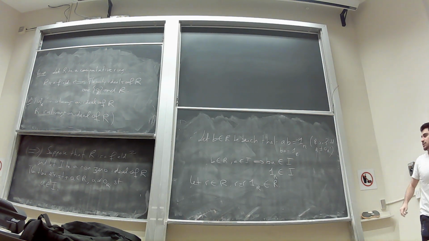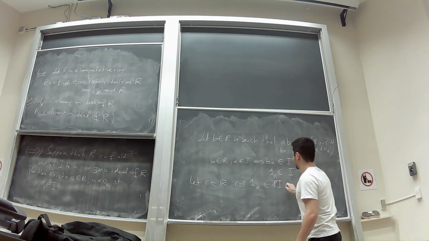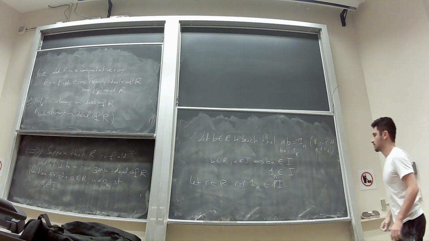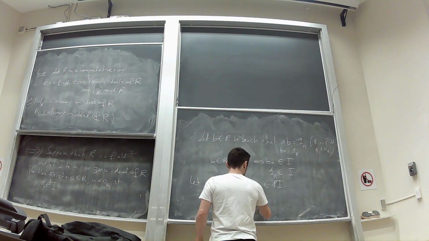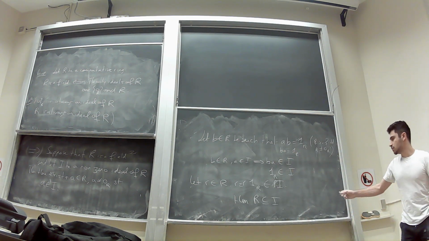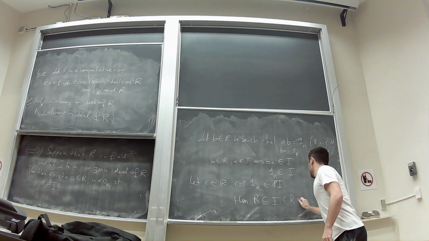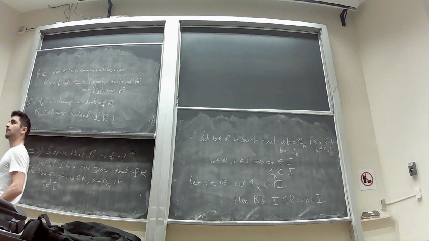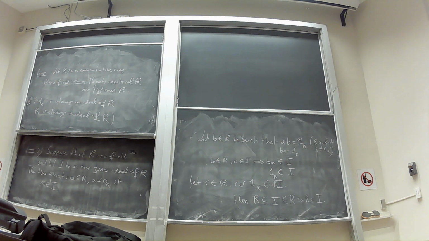So any r in R is in I. If any r in R is in I, then R is a subset of I. We know that I is a subset of R. So R is equal to I. Are we good here? Is it clear? Okay.